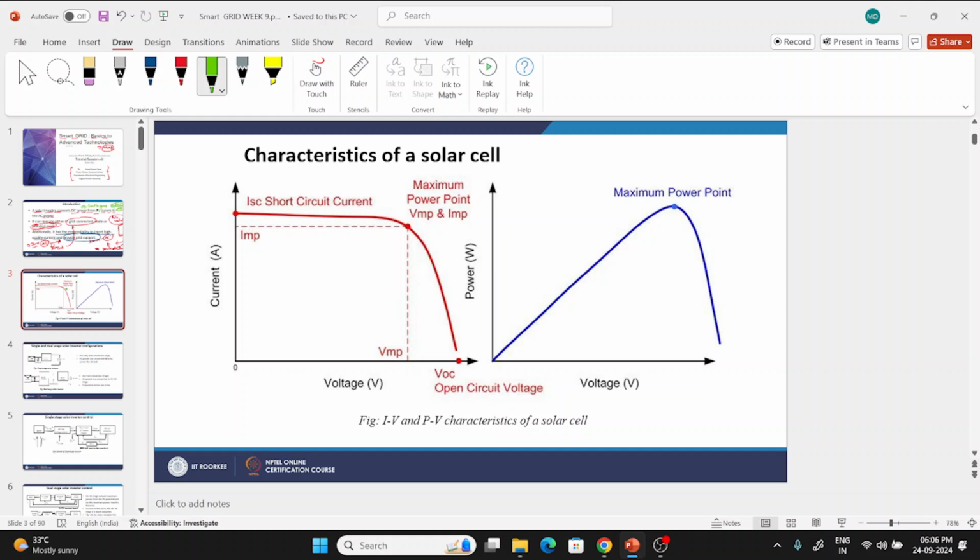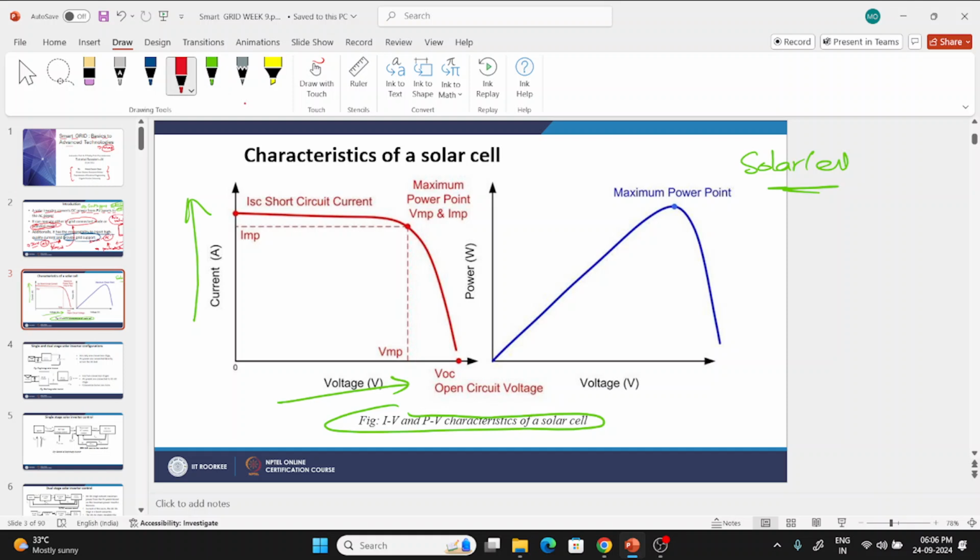Now here are the PV characteristics or IV characteristics of a solar cell. On the left side you can see clearly the current is on the y-axis and the voltage is on the x-axis. At the point where the voltage is zero, it has the highest current.